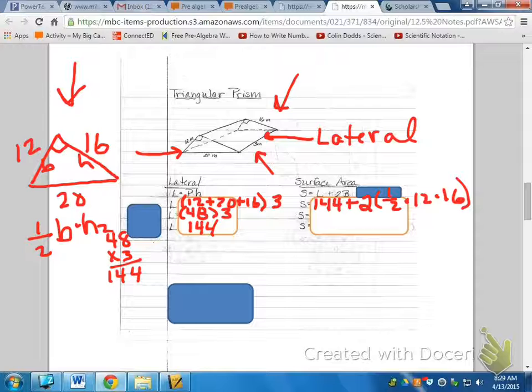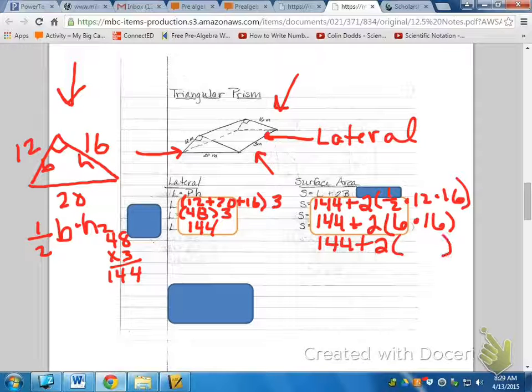So I'm going to do this. My 144 just comes along, and 2 times 1/2 times 12 times 16. Well, 1/2 times 12 is 6, times 16. So I'm going to go again. Now 6 times 16 is 96.